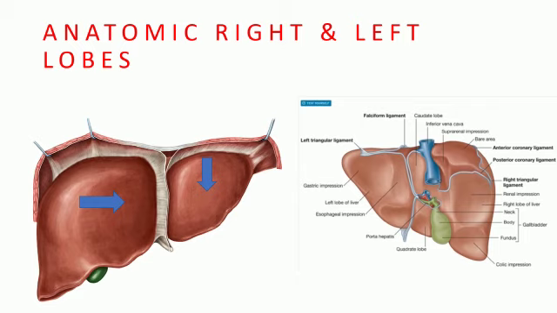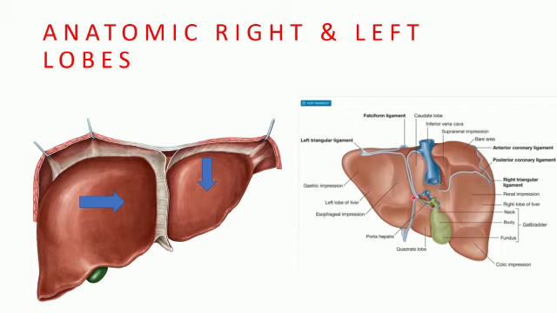Anatomical right and left lobes are given here. You can see the image of the liver showing the anatomical anterior view, and here you can see a larger right lobe and a smaller left lobe. These are demarcated in front and above by the attachment of the falciform ligament, and below and behind by the fissure for the ligamentum teres and venosum.